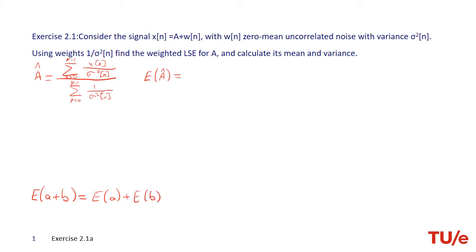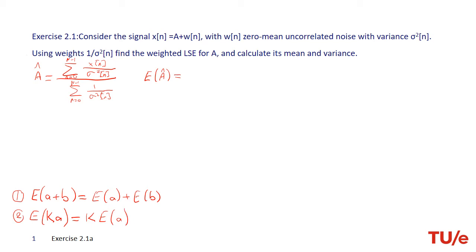And the second property: we have the expected value of a random variable multiplied by a deterministic, that's important, deterministic coefficient. In that case, that deterministic coefficient just comes right out of the expected value operation. And this is what we have in the end.